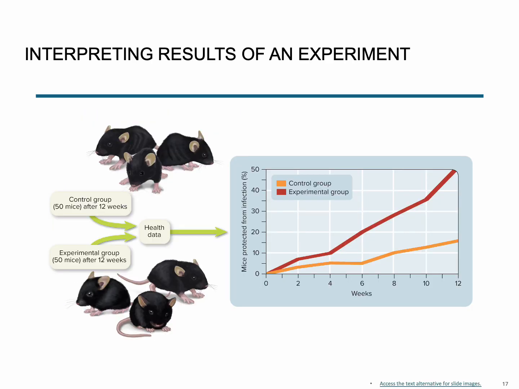So regardless of what type of study we're talking about, after any kind of experiment is over, the next step is interpreting the results. So in this example, we have a pretty clear-cut result. The experiment went on for 12 weeks, right?